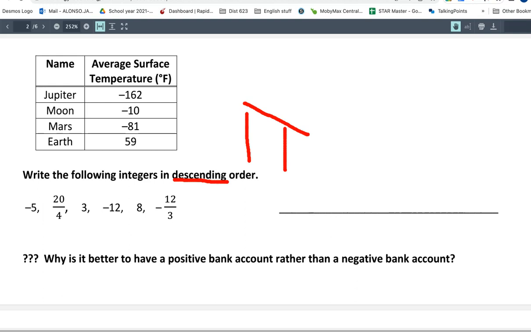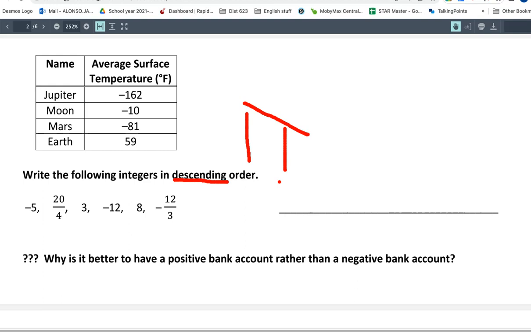Going from big to small. So that line is descending right here. So again, you will have to start with the big number here. Which number is bigger?